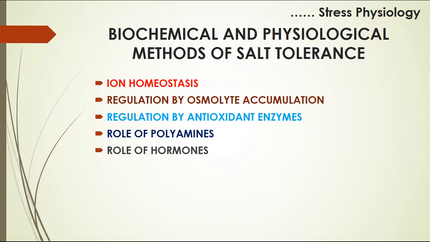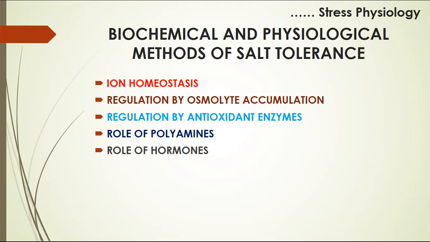But higher amounts of polyamines is an indicative of the severity of the stress. So that's why polyamines and their profile during salinity is important to study because it will be generated only towards the severity. So indirectly, one can correlate the severity of the salinity with higher or lower concentration of polyamines.